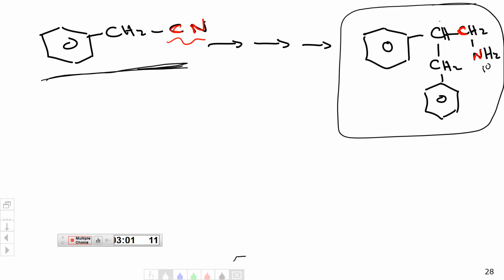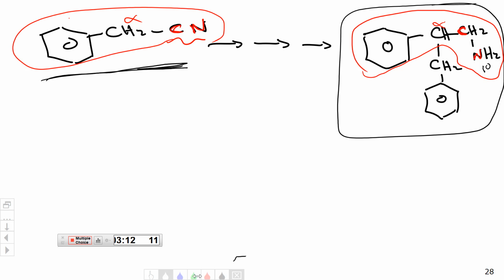Now, after that, I can say this is the nitrile, this is its alpha carbon, this is the benzene ring. So this part in here is this part of the molecule. I can see on the alpha carbon there is this group attached to it. So the question is, should I do the reduction first, then the alpha alkylation, or the alpha alkylation first, then the reduction?